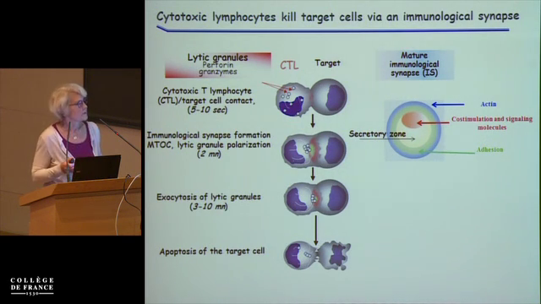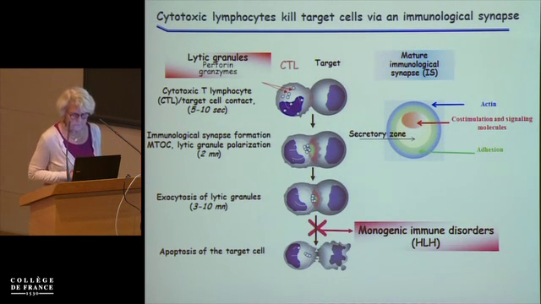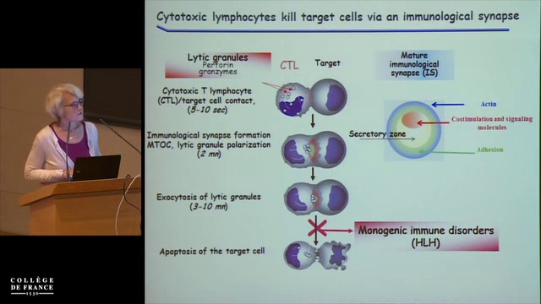And delivery of perforin allows the entrance of granzyme into the target cells, and rapid apoptosis of the target cell ensues. And thus, defects in this granule-dependent cytotoxic activity characterize several monogenic immune disorders, which lead to this immune pathology called HLH.